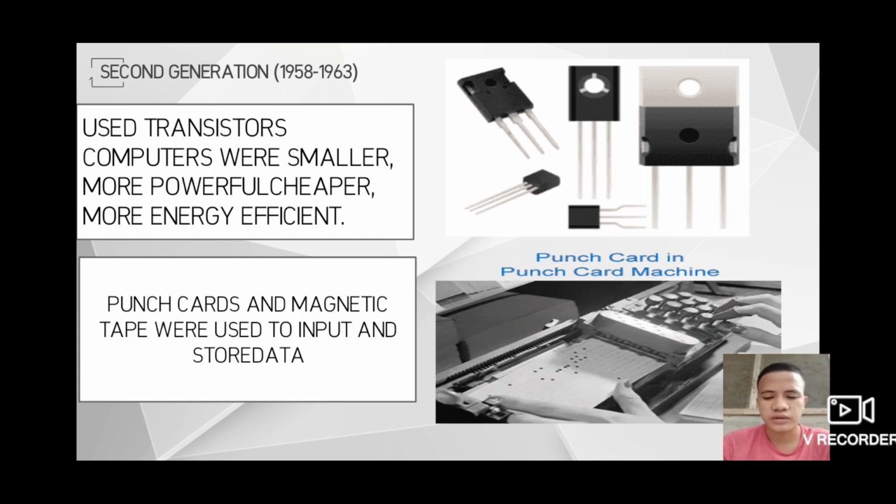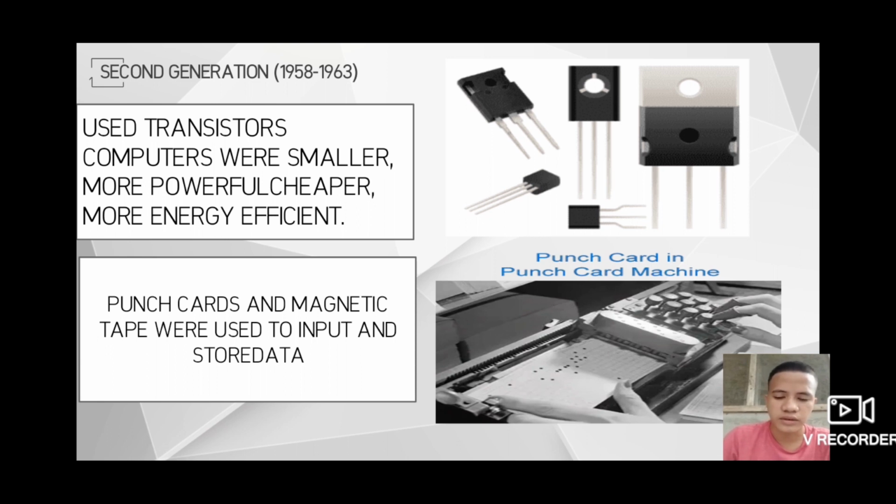So what is the use of the transistor? The computer in the second generation was completely based on transistors, the basic component instead of the vacuum tubes used in the first generation.